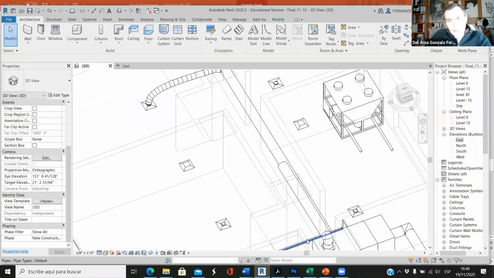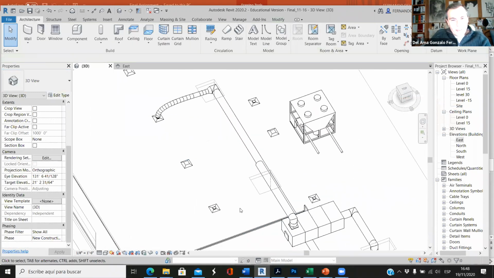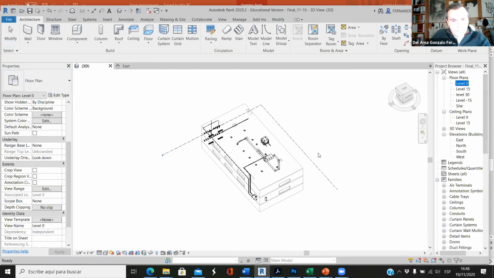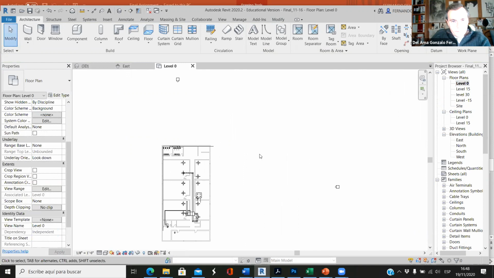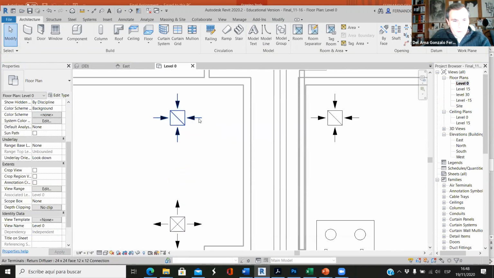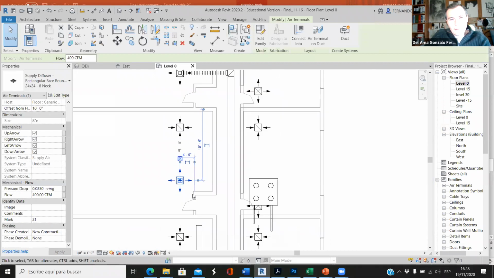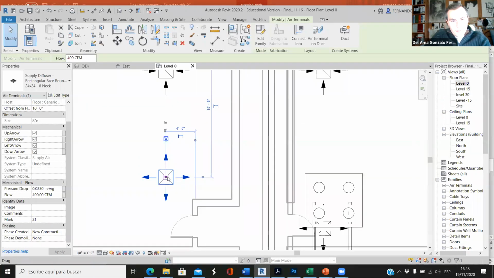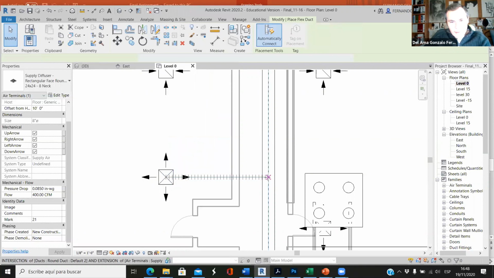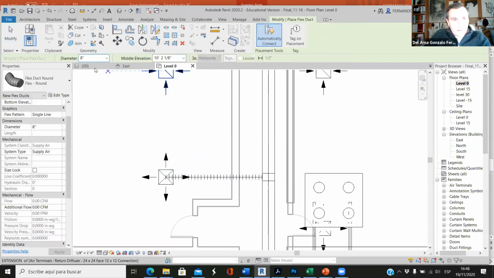Okay, so now we have to connect. If we go to level 0, we have to connect. Look at this. This is the return because the air is going in, and this is the supply because the air is going out. Okay, so we have to connect this supply diffuser to this duct here. Is it good?